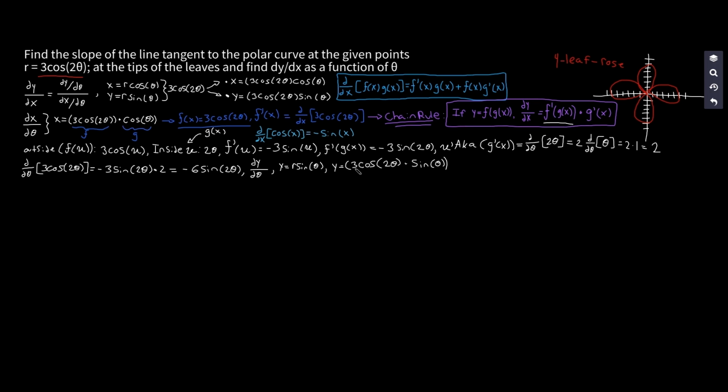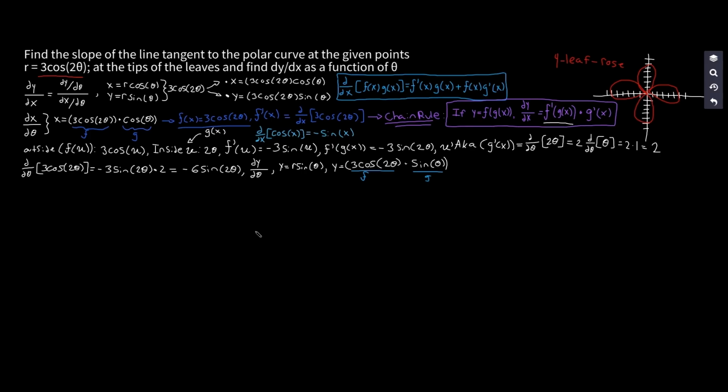And so if we let 3 times cosine of 2 theta be our f, and sine of theta be our g, we're just going to go through with that product rule.